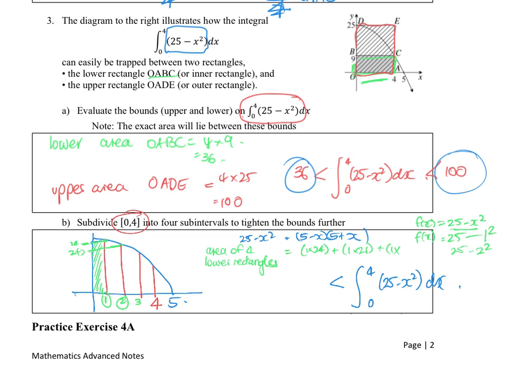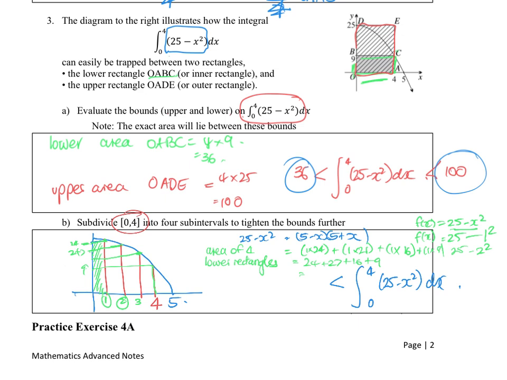Now the next value: 25 minus 3 squared, which is 25 minus 9, which is 16. Then the next one will be 25 minus 16, which is 9. 1 times 9. So really I'm doing 24 plus 21 plus 16 plus 9.